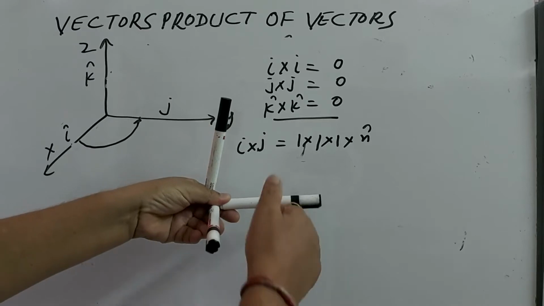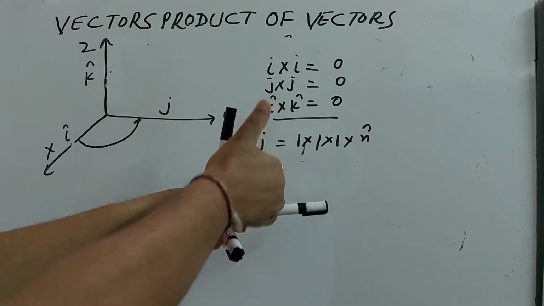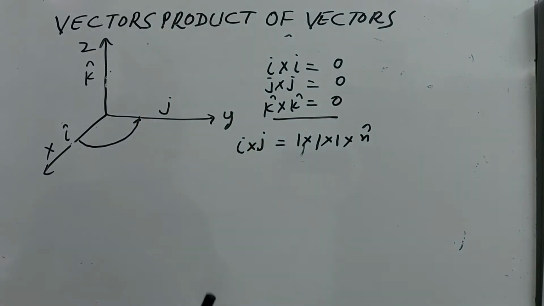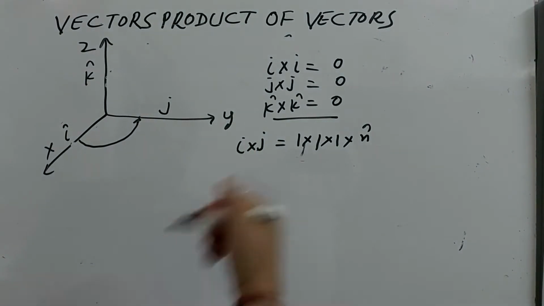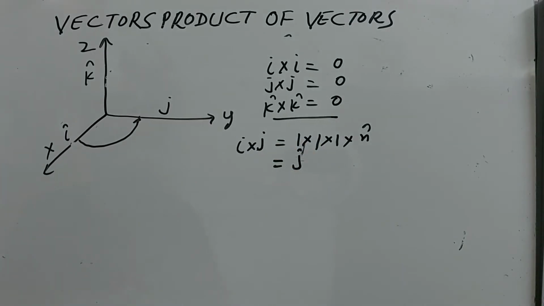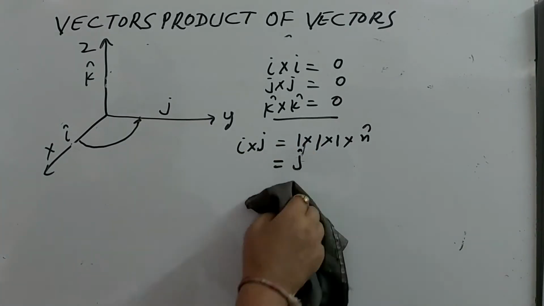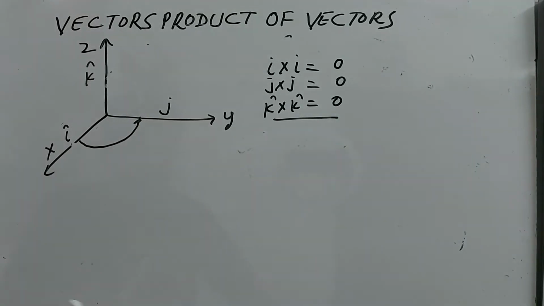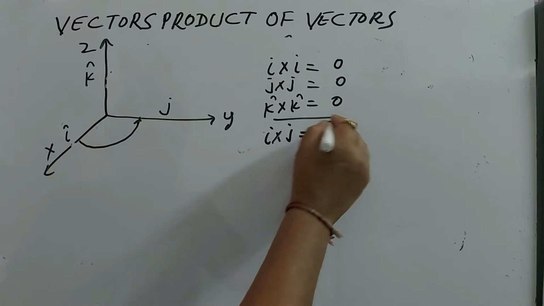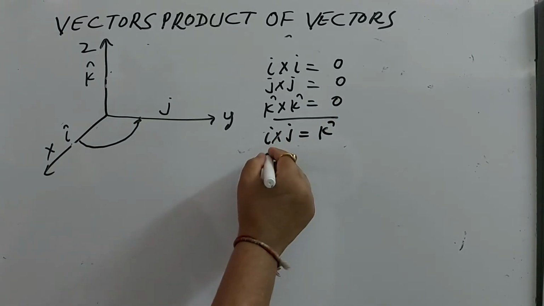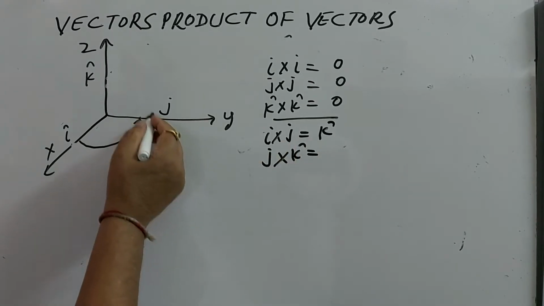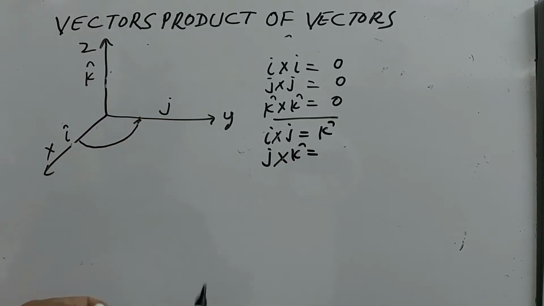Now your fingers will be like this, and the thumb will be the direction of i cross j, so this will be along the z-axis. So we can write i cross j is equal to k cap.